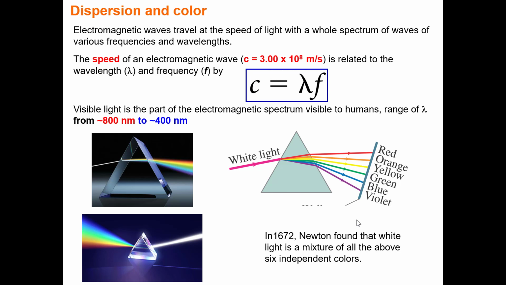All these colors are part of the electromagnetic spectrum, so we can consider them as waves. All these waves travel at the speed of the light, 3 × 10⁸.